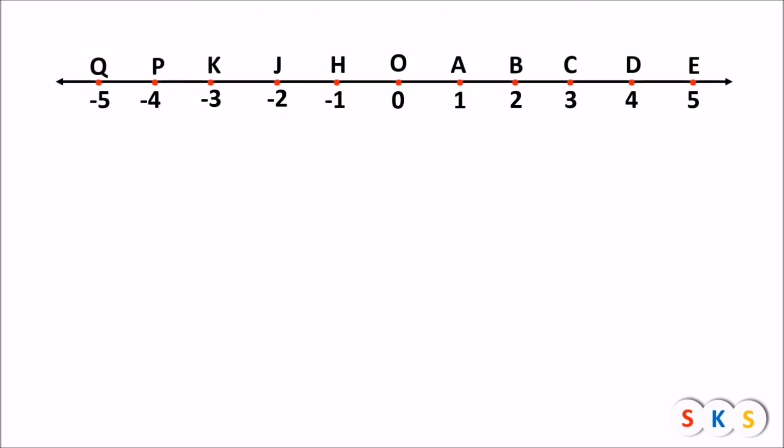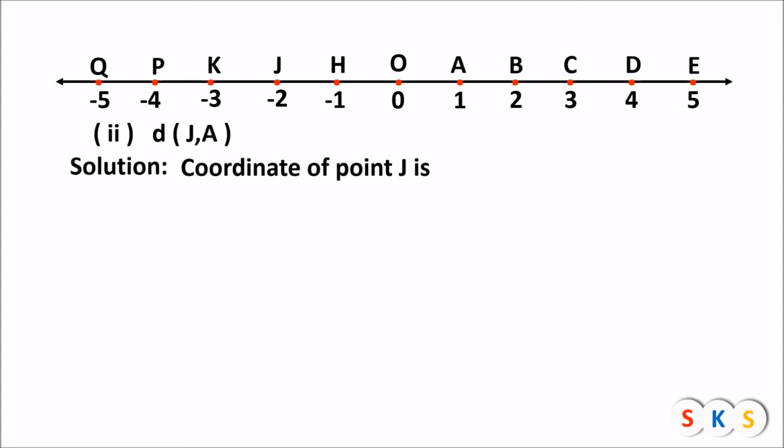Now here we have the next question. Find the distance between point J and A. Here the coordinate of point J is -2. Coordinate of point A is 1. So here 1 is greater than -2.